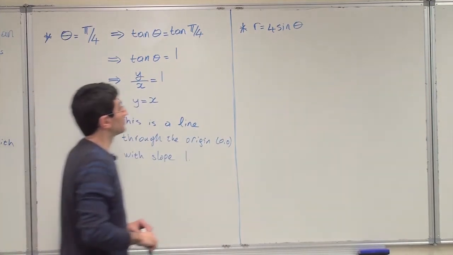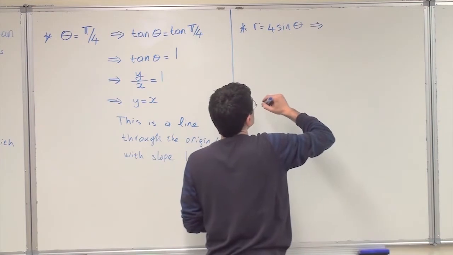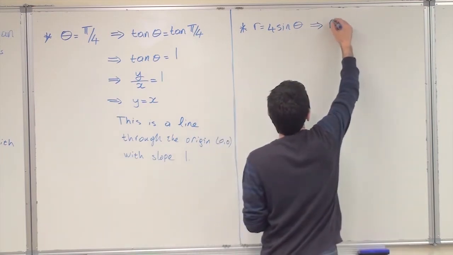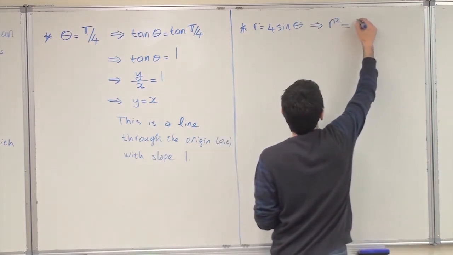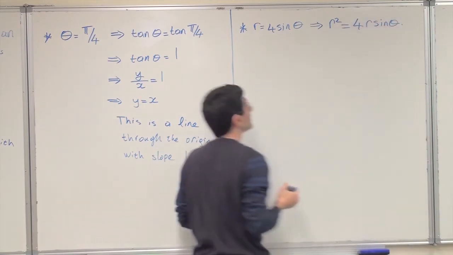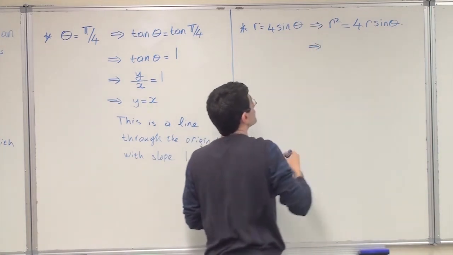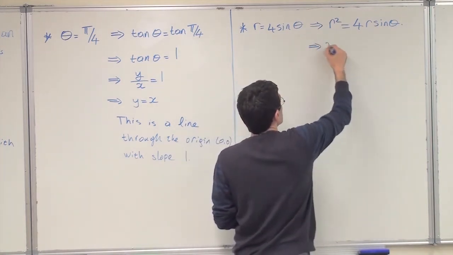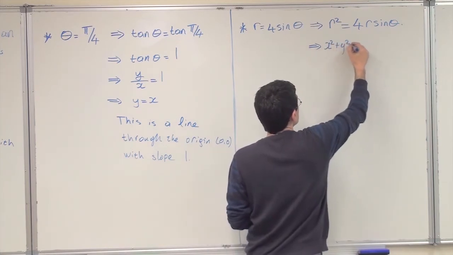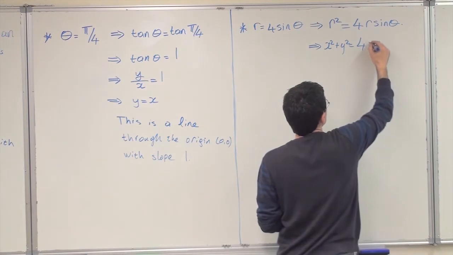To change this into an equation in Cartesian coordinates, I multiply both sides of the equation by r. Then I substitute for r squared, x squared plus y squared, and for r sine theta, y.